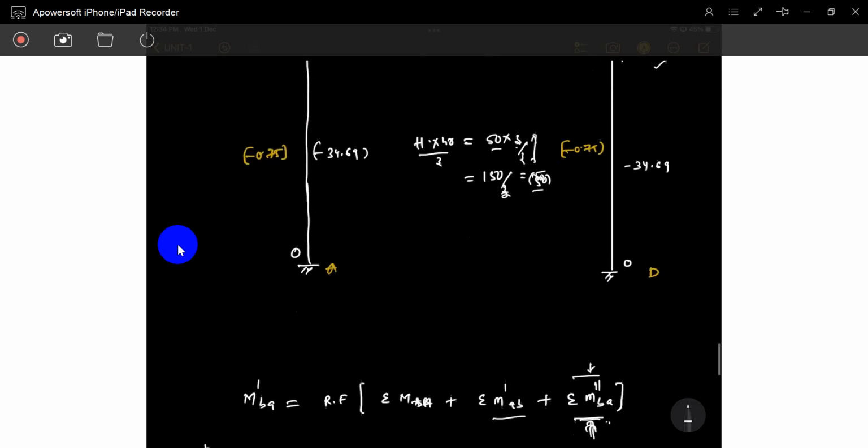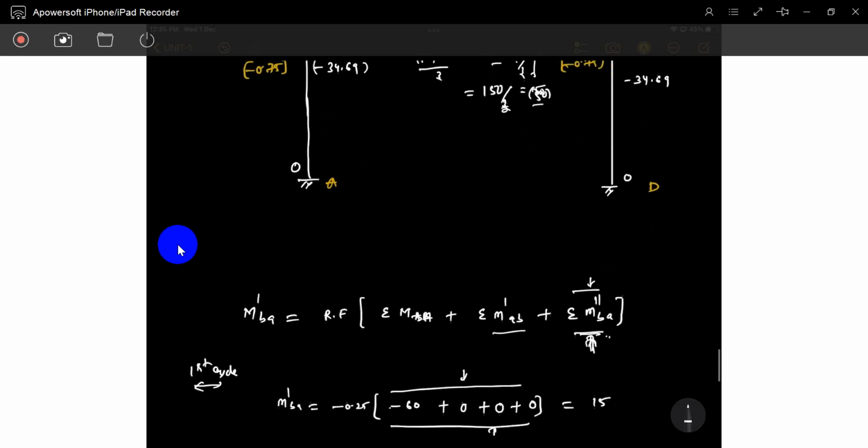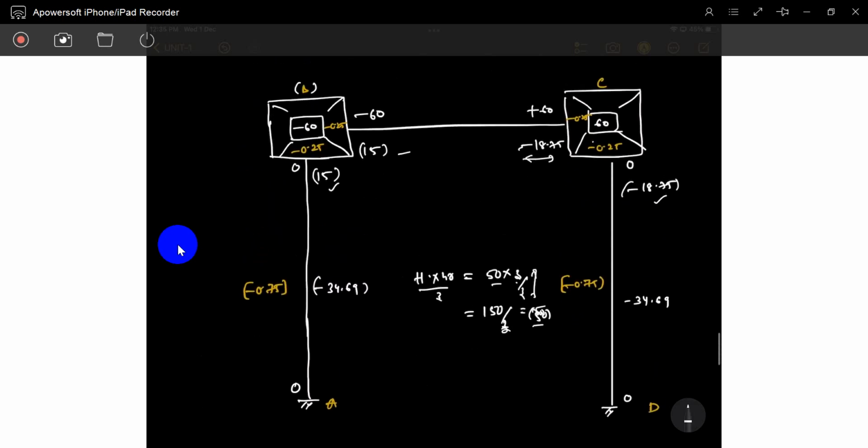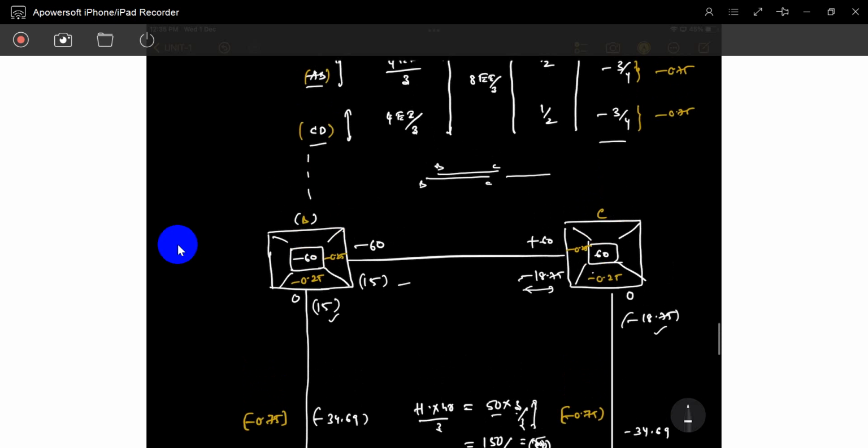So that's why the sum means what? BA, BC, starting with B, the sum of the translational moments. In this case we have only BA. If two stories are there, you will get another BA for the top story. If there is another member, BF, you will get more for two stories or three stories.